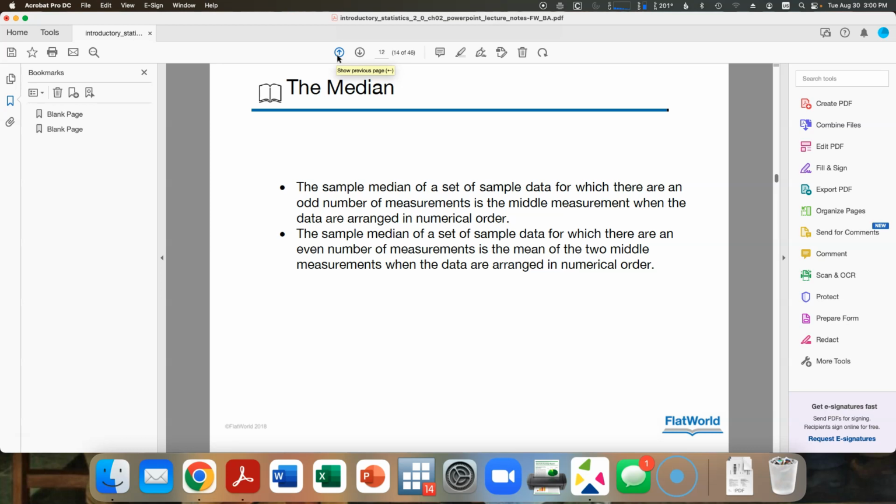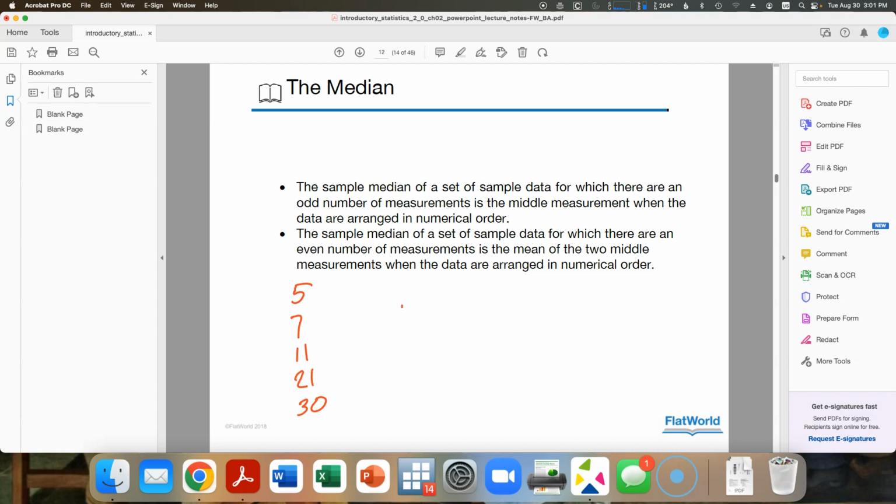So, let's say that we've got some numbers.